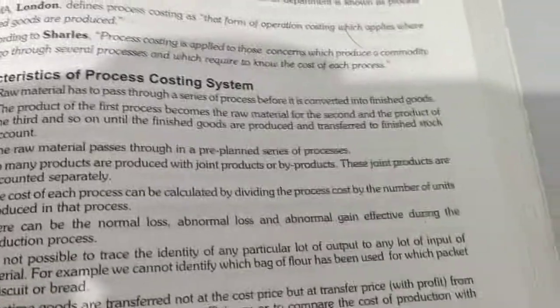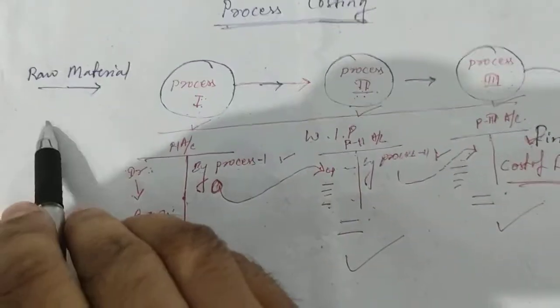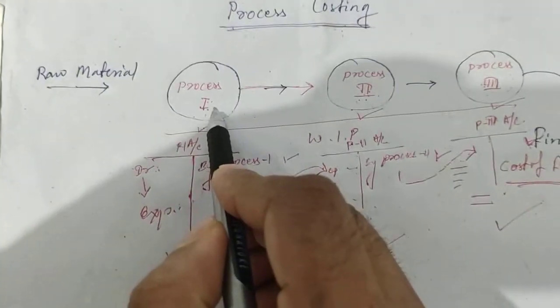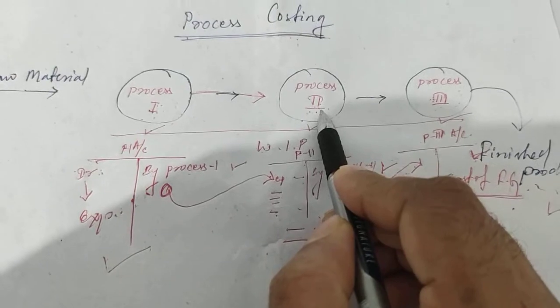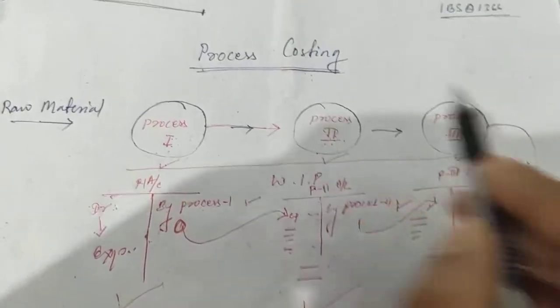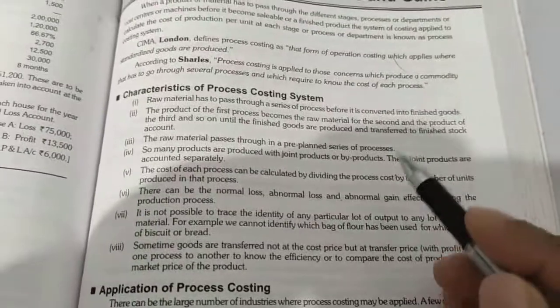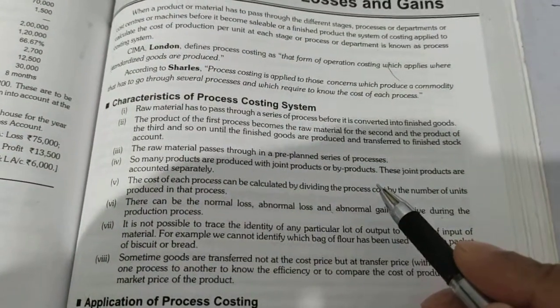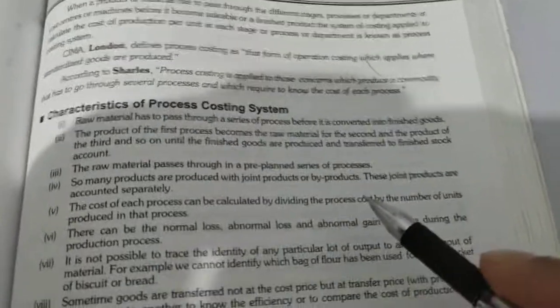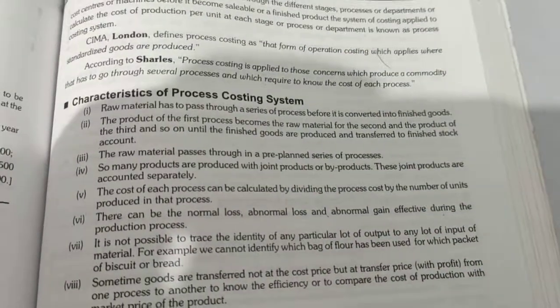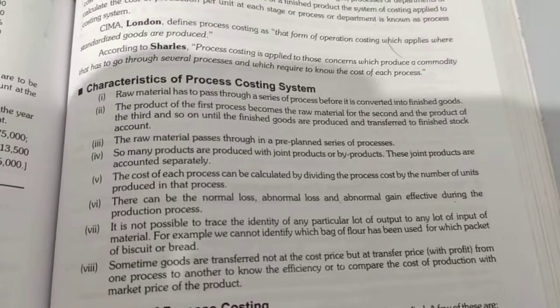That means the raw material is first input for process 1, the output of process 1 is the raw material for process 2, and the output of process 2 is the raw material for process 3. Then the next is that the raw material is processed through a pre-planned series of processes. That means planning must be done before passing the raw material through the processes.